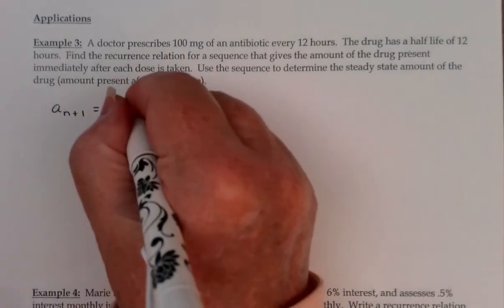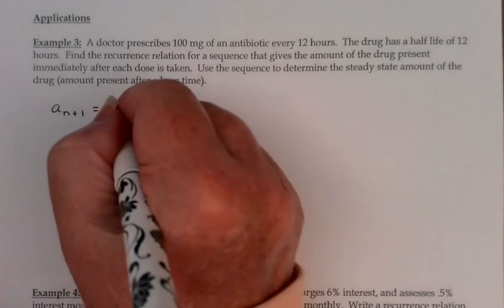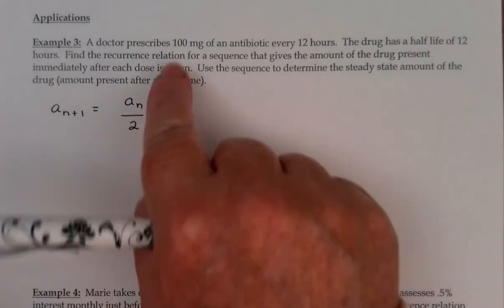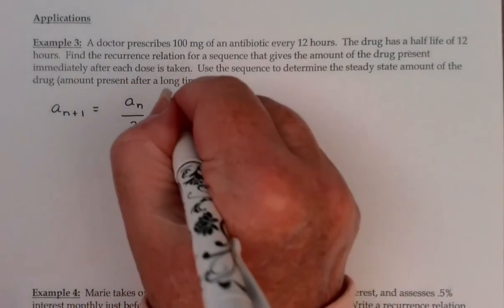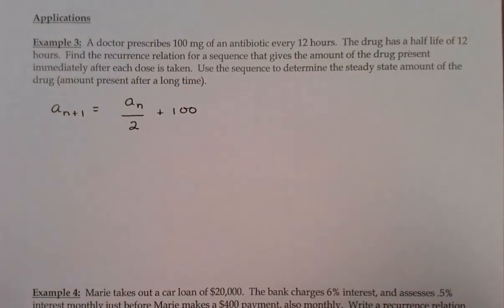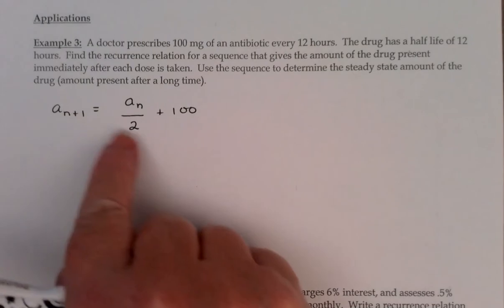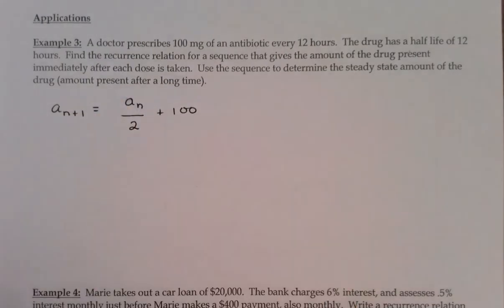That means that however much was present before, a sub n, has now been cut in half. Right? That's what half-life means. But this patient is also taking another 100 milligrams, so we have to add 100 to that. So every 12 hours, the amount gets cut in half, and we add 100 more milligrams.